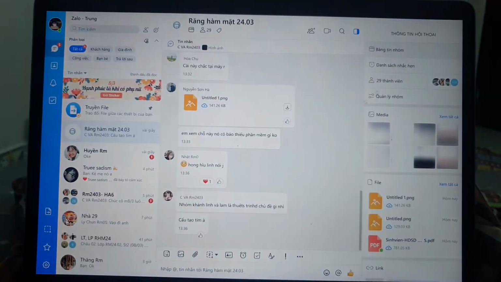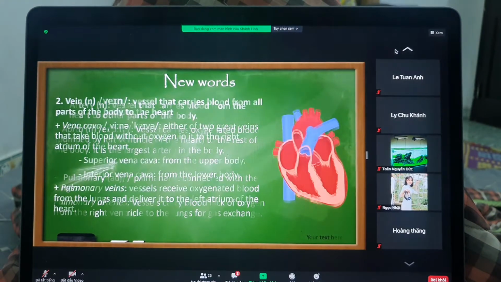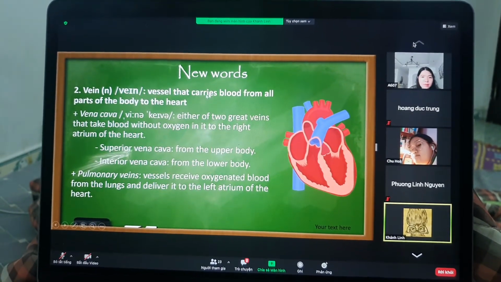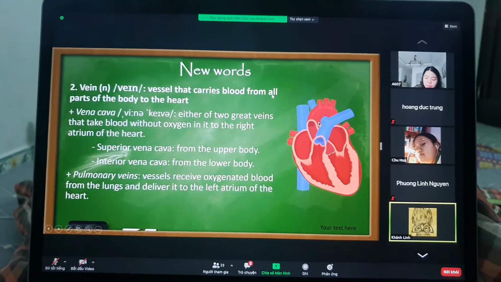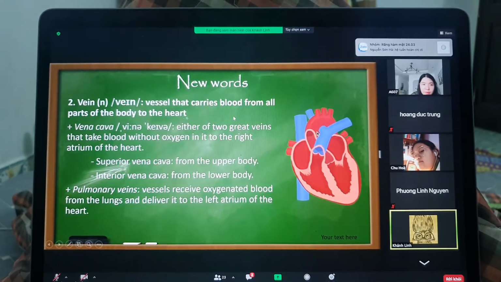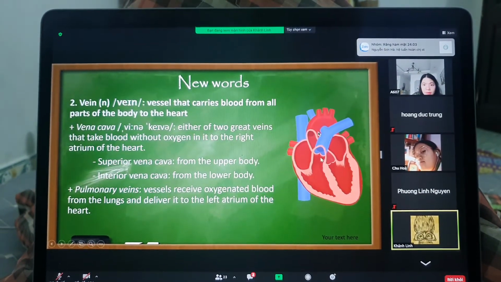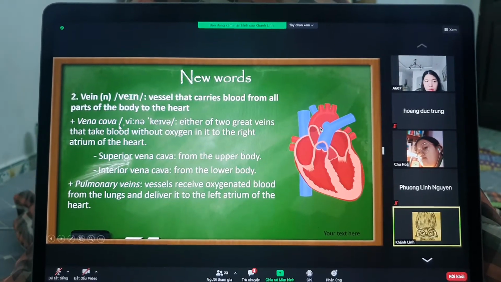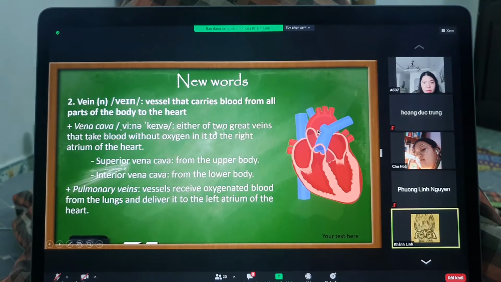And next, let's come to veins. Veins are the vessels that carry blood from all parts of the body to the heart. We have vena cava. Vena cava in Vietnamese is tĩnh mạch chủ.